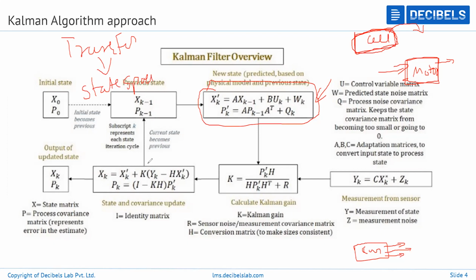So right now what you're seeing here is that we represent the system in equations in a state-based manner. Whatever behavior we want to see, we represent in states, and we call them states.